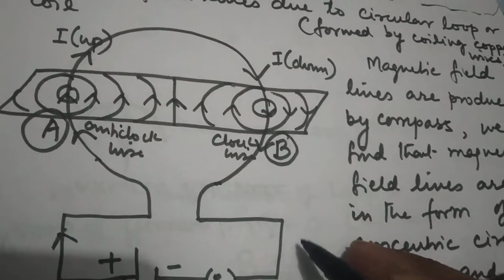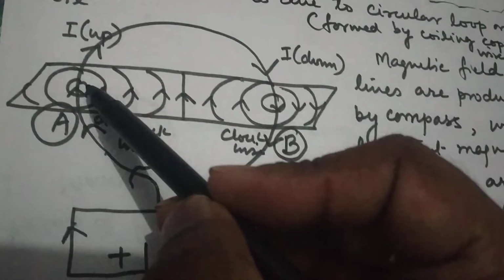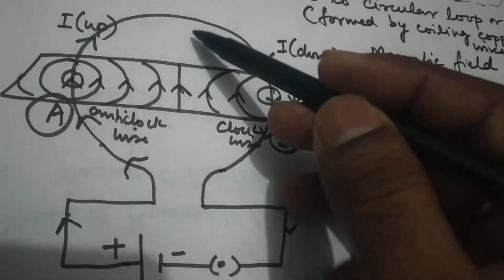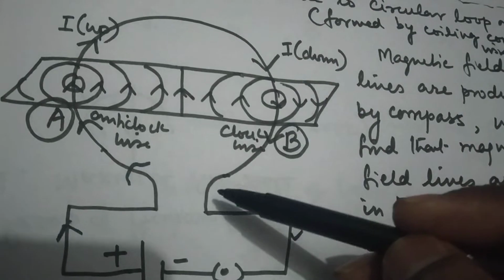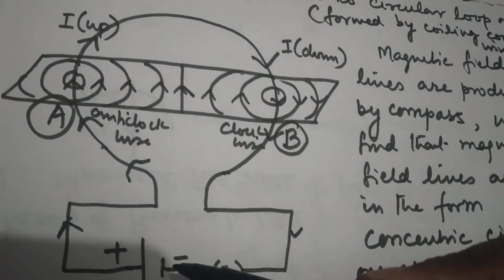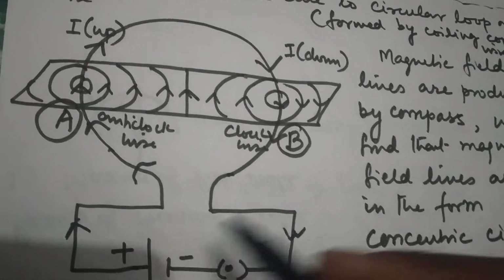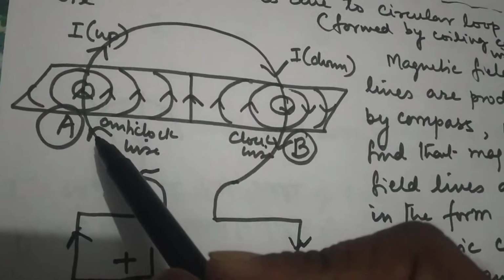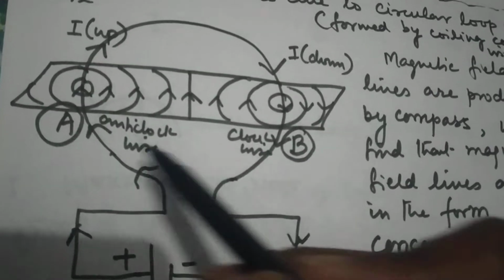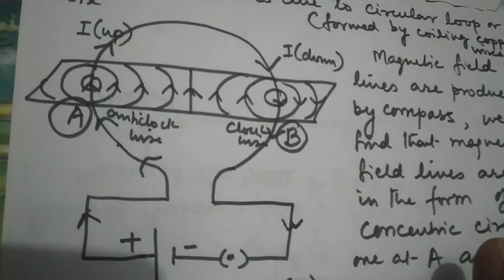The current will be up here, and as it comes around, it will automatically move down and stop at the minus. These directions should be clear. If you reverse it, obviously the current will go up here and down here. We are just explaining the way we have taken it in the diagram.